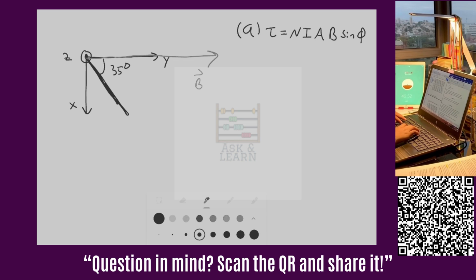So if we think about which way the currents are flowing in this diagram, on the part of the coil that is along the z-axis, the current is heading out of the page. I won't put the vector there for now. The current's heading out, and then on this side that's inside the first quadrant of the coordinate system, the current is heading into the page. When we have a current heading out like this and into the page like this, we can use one of our right-hand rules to have our fingers follow the flow of the current, and then our thumb, like a thumbs up, points in the direction of the normal.